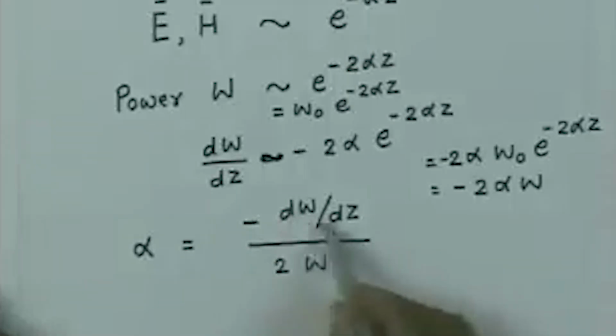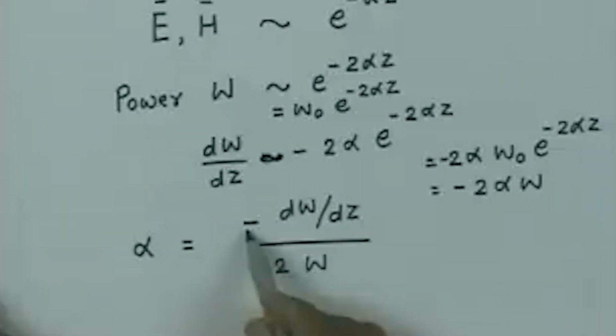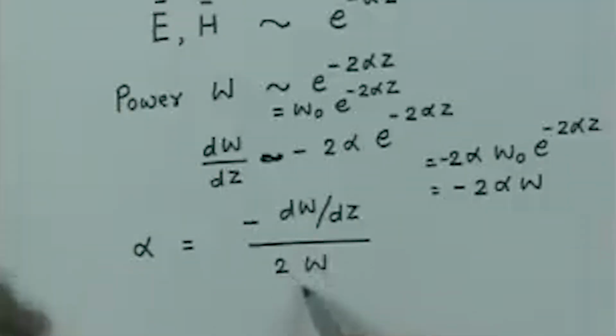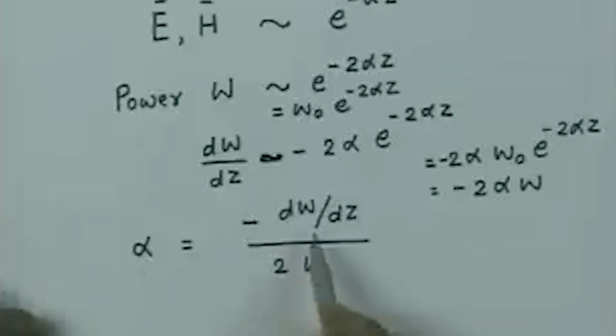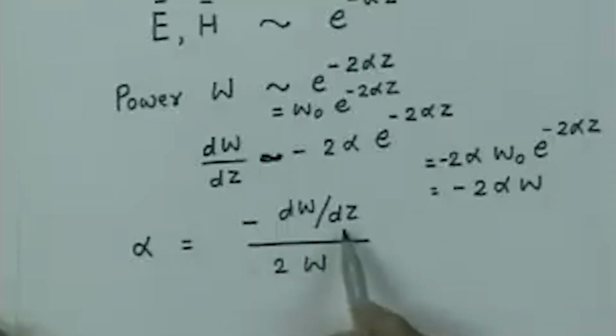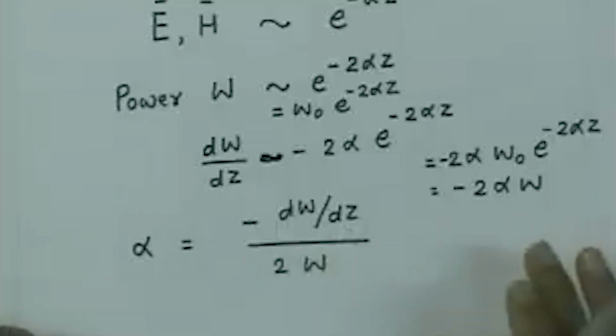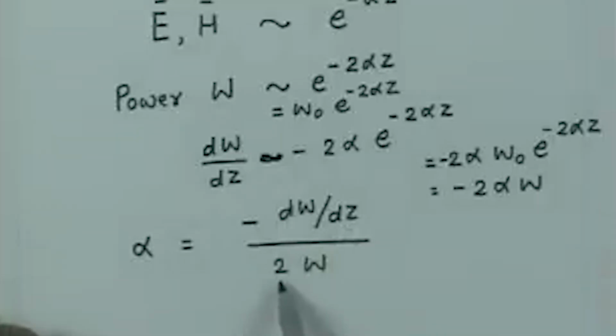This is the rate of change of power, and the negative sign means rate of decrease of power in the direction of the wave propagation, and this is the total power carried by the structure. So, now the attenuation constant can be calculated from two quantities, that is power loss per unit length along the waveguide divided by 2 times the total power carried by the waveguide.